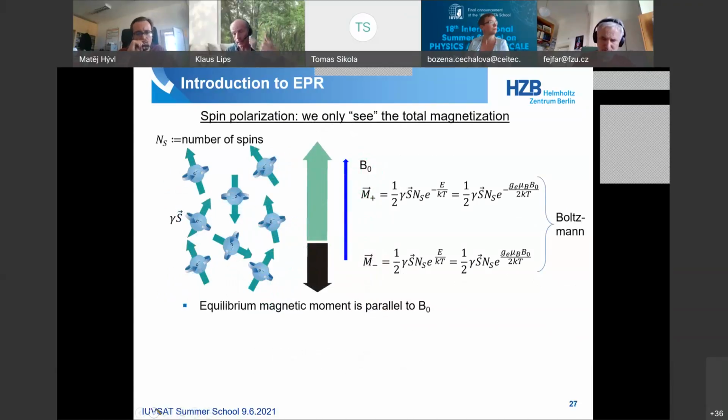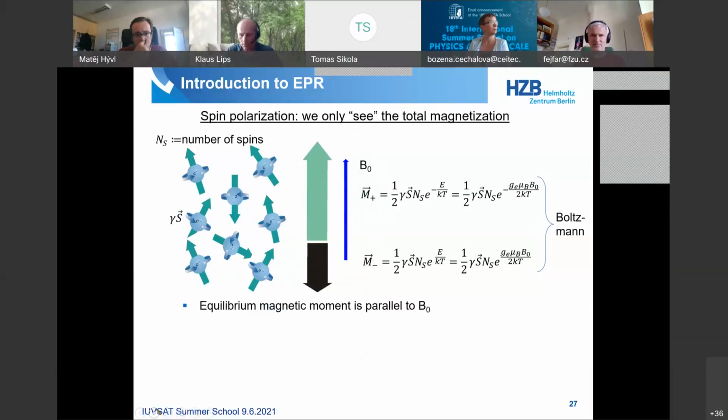By applying this, we are splitting the energy levels linearly with the magnetic field. We get a 2-level system if it is spin 1/2. And now, due to the Boltzmann distribution, we will have more spins in the parallel than in the antiparallel state. And that means we now get an uneven number of spins in the upper and in the lower level.